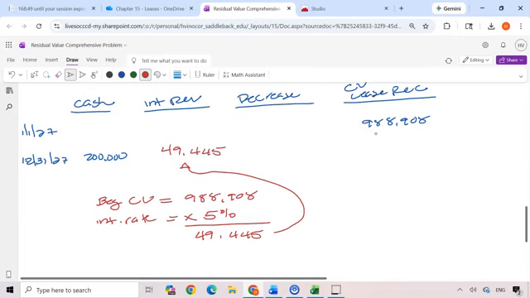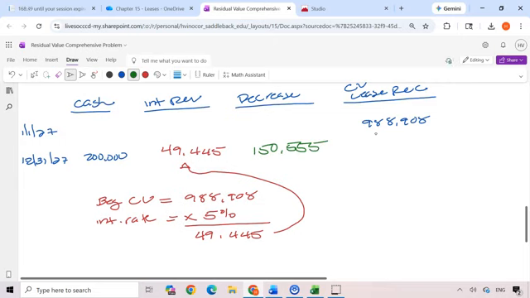Then the difference between the $200,000 payment and the interest revenue is going to be the reduction to my lease receivable, and that is $150,555. Okay, now I can book my entry.